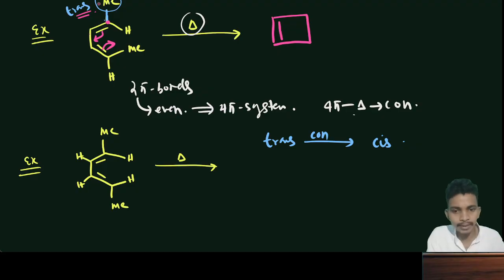For understanding, we can make this positive, this negative, and this negative. Now this is positive and this is negative, so positive and negative make bonds, and the remaining positive charge and negative charge again make bonds here. So that forms for the pi systems. Although this intermediate positive and negative charge will not actually form, we can draw it to understand. So that's why this bond has formed here.